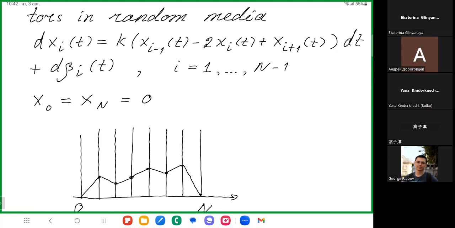Even more, Funaki produced some limits for this model when the partition of the interval increases, the noises are correlated in some way, and so on. But now the most important thing is that every particle is oscillating near its origin, so near its own attracting center.